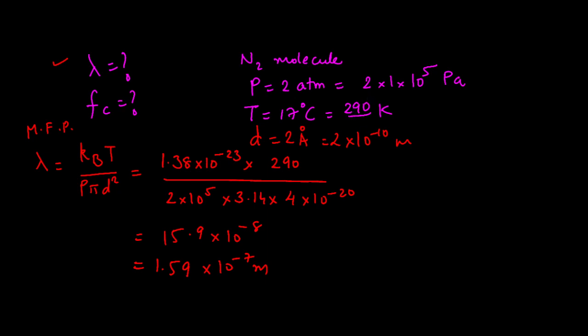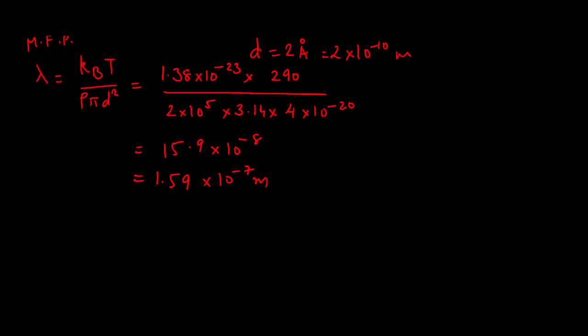Okay, right. So you see how small this is. Try to get a meaning out of this. It means that a molecule travels how much distance on an average before it makes next collision? It is 0.159 micrometer, right? Although we say that gas has lot of empty space.